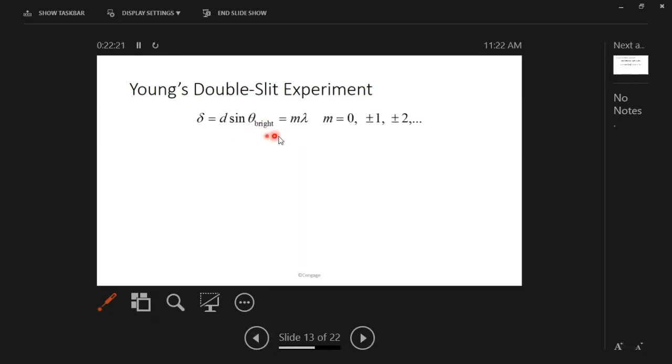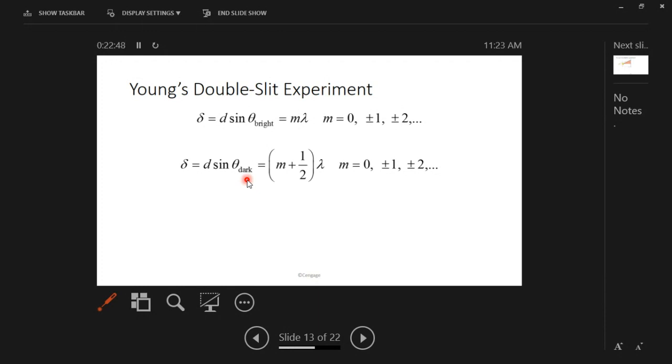So solving this equation will give you the angular position for the bright fringes. But if the same path difference, which is d sine theta, is equal to m plus 1/2 times lambda, then you can find the angular position for the dark fringes.